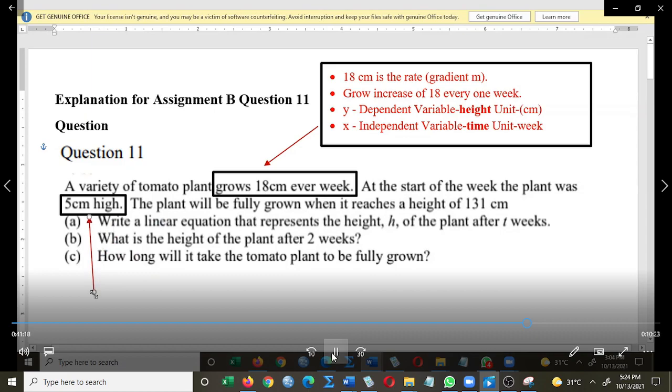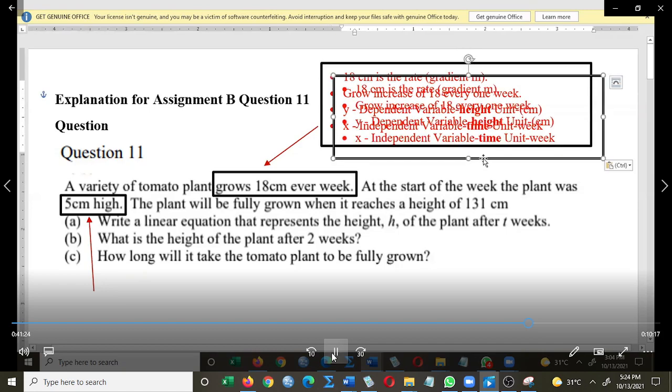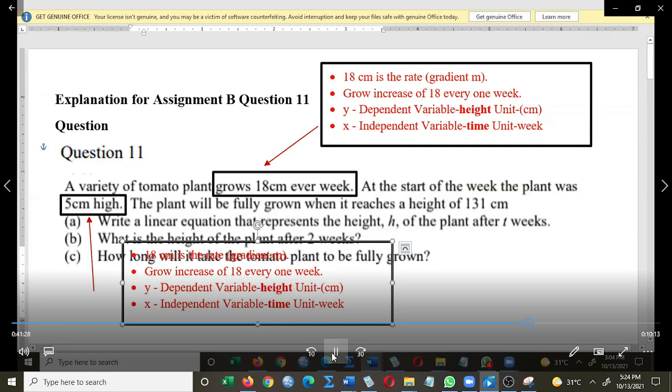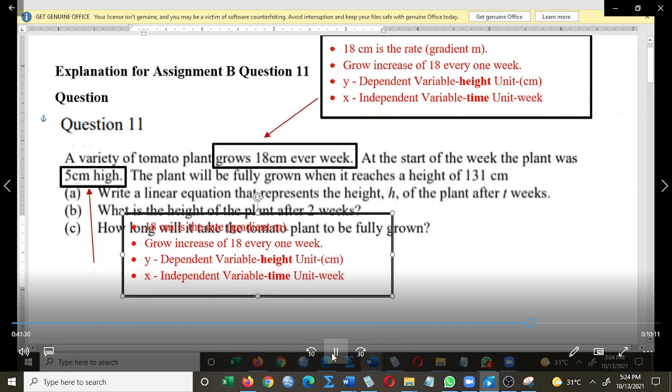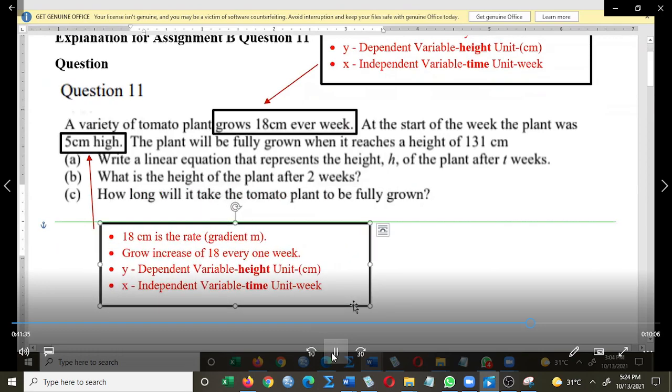The initial height. So 18 is the gradient m, and 5 looks like it is the c, it is the initial. 5 centimeters is the initial. The word initial is very important.